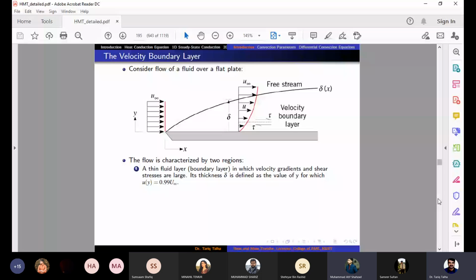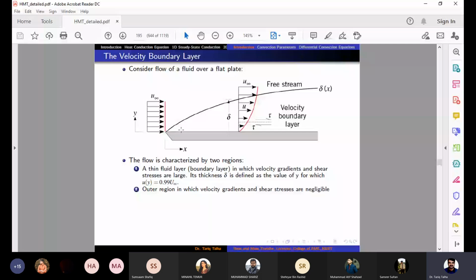Sir, why is this thickness changing? Please explain it a little. Absolutely. See, if you go along a molecular layer, Atif, if a molecule which is here has a velocity of 10 meter per second, then at this point in the beginning, the force exerted on it would have been only on this small distance.